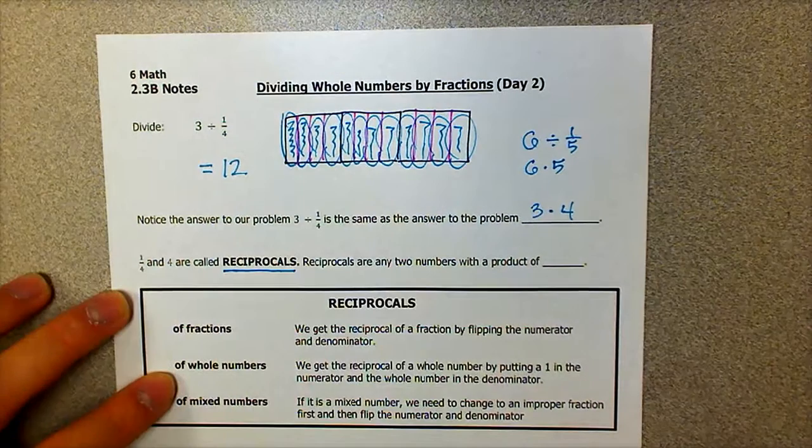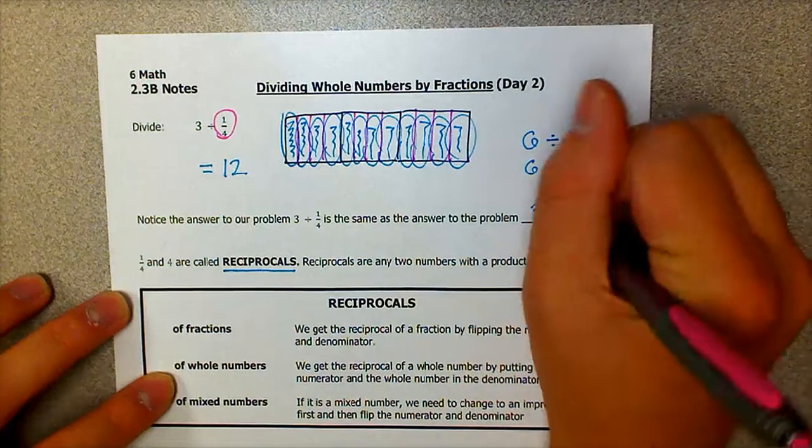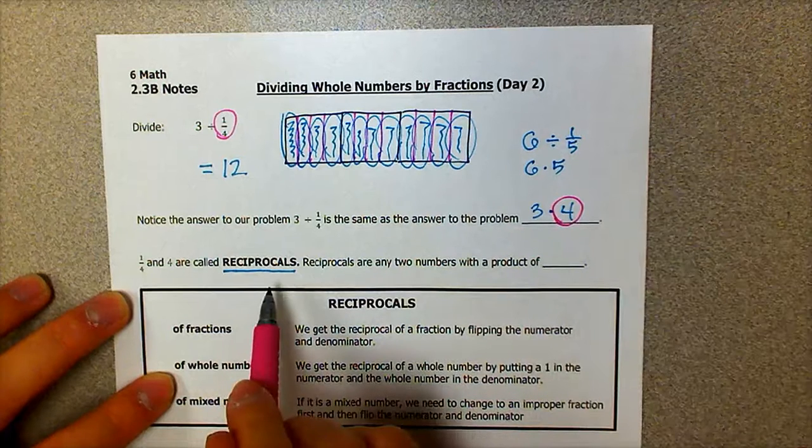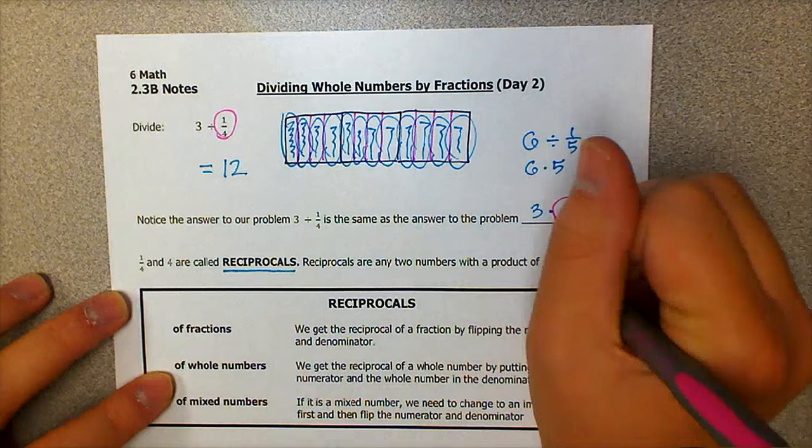So going back to my original problem, please notice that 1/4 and 4 are reciprocals of each other. The definition of reciprocals is any two numbers with a product of 1.